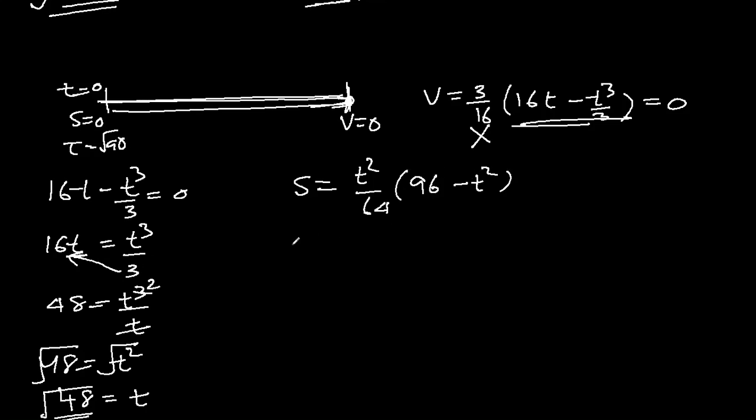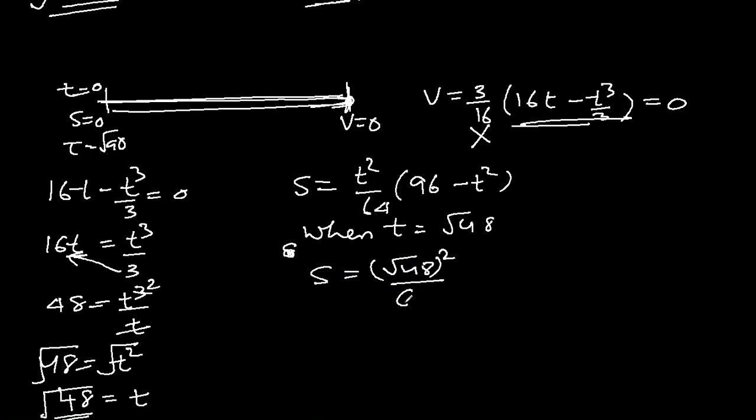This was the equation. So when t is square root 48, what will be the s? So square root 48 square over 64, and then 96 minus square root 48 square again.